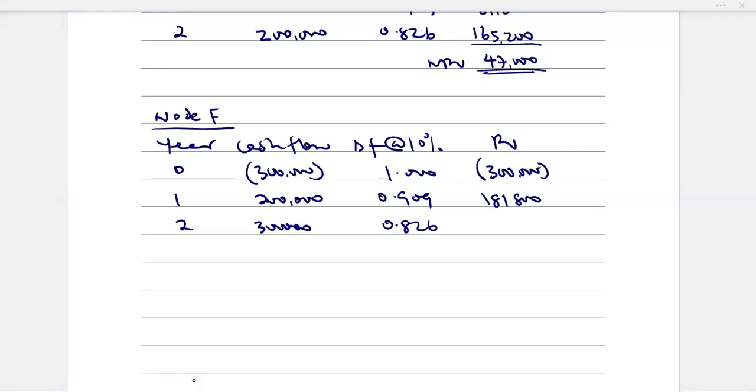Then 300,000 multiplied by 0.826. Error. 300,000 multiplied by 0.826 is 247,800. Oh, I typed 0.806 on my calculator.